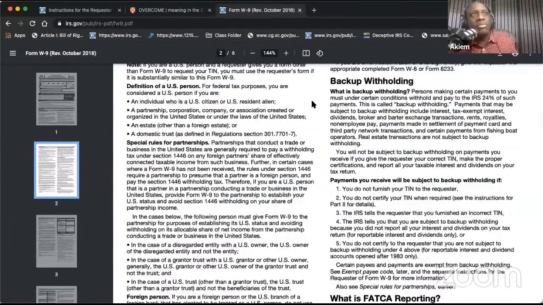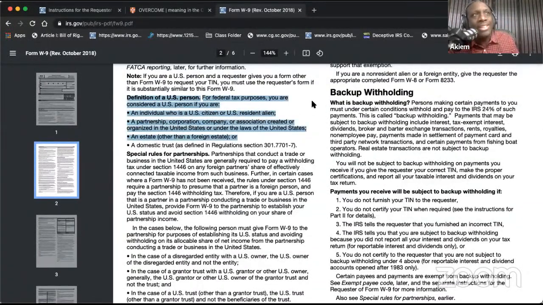Definition of a U.S. person. For federal tax purposes, you are considered a U.S. person if you are. And it says for federal tax purposes only. So U.S. person is synonymous with being for federal tax purposes, really, only, right?